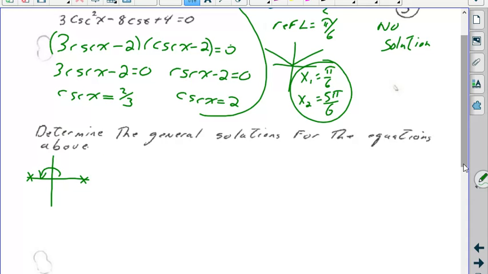So my solution for this kind of looks silly, doesn't it? We don't write zeros very often when we're adding, so the solution for this one is just pi k. I like these diagrams to remind me, okay, that's only pi units.